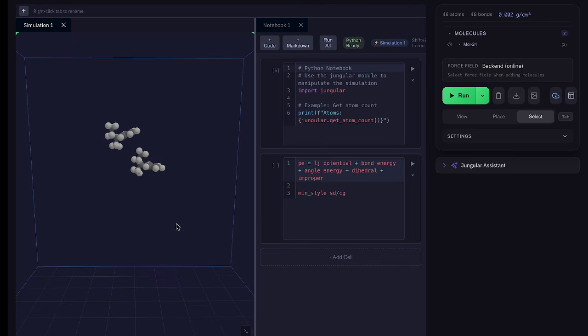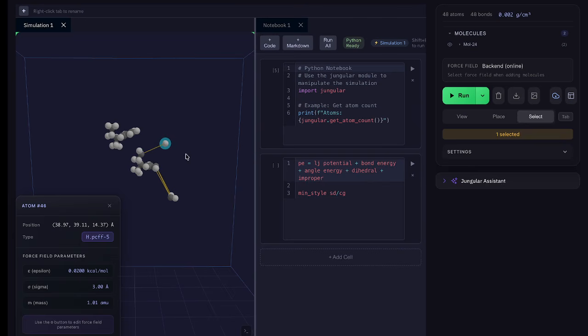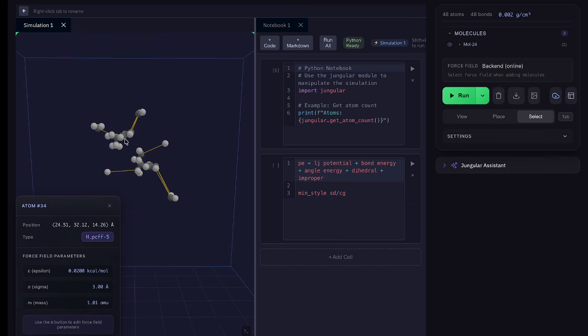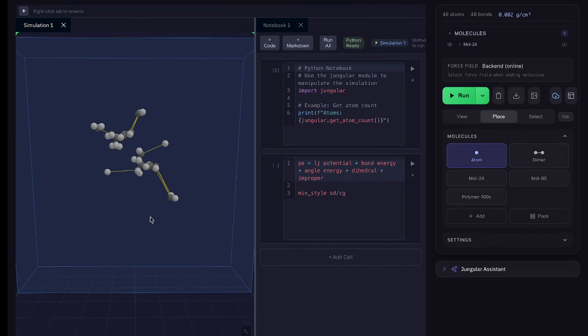Here you can see we have 2 different molecules, and let me change the position of some atoms to make it more interesting. Let me make the configuration far away from equilibrium position, and then we can see how energy minimization will bring the energy back to its equilibrium configuration. Let me quickly run the energy minimization.